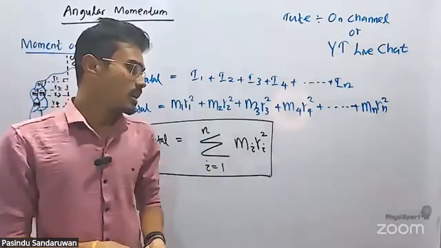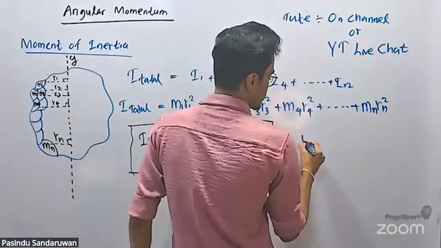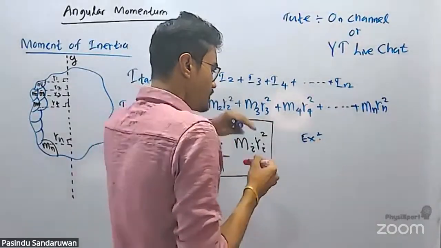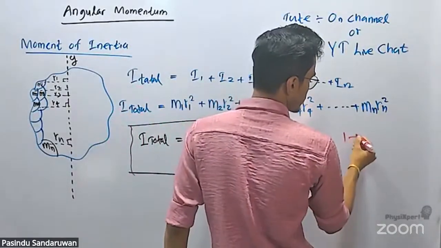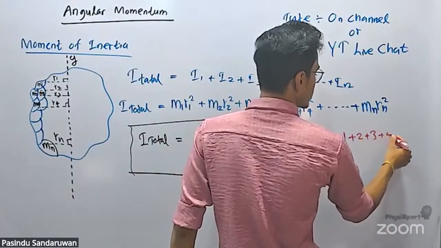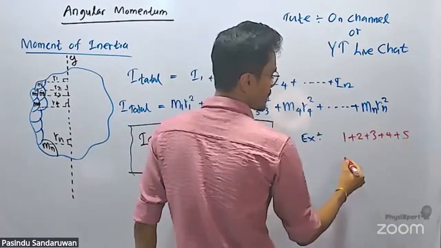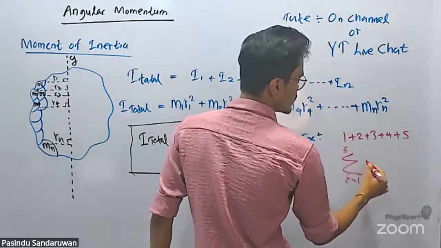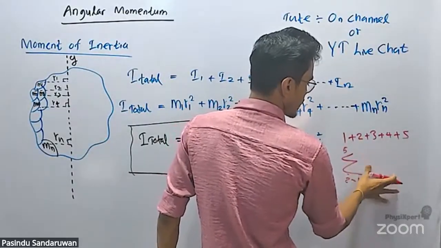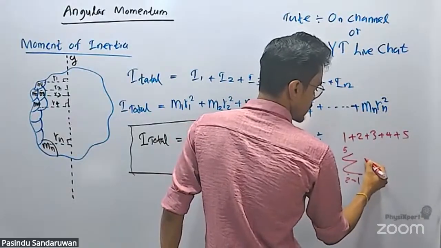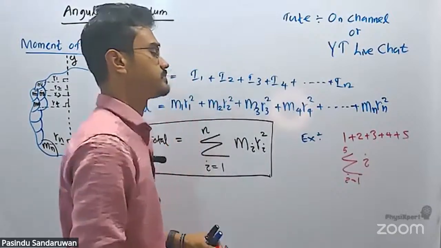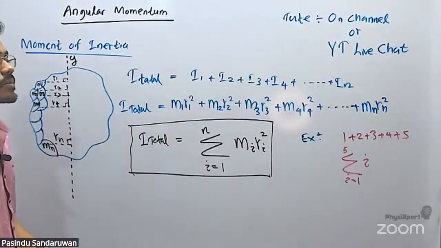As another example, if you need further understanding, say you need to take the addition of 1 plus 2 plus 3 plus 4 plus 5. This can be written using sigma as i equals 1 to 5 of i, something like this. Got it?